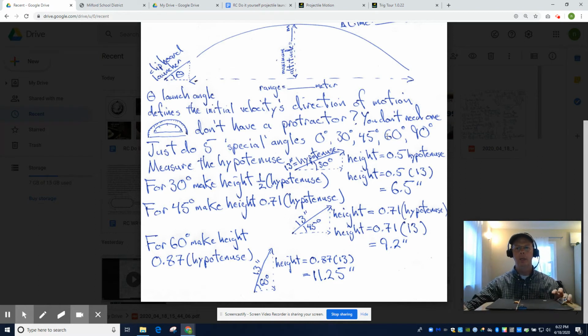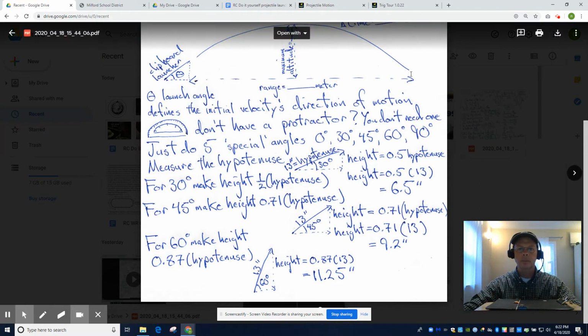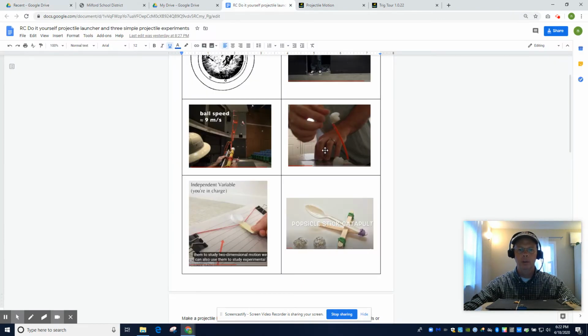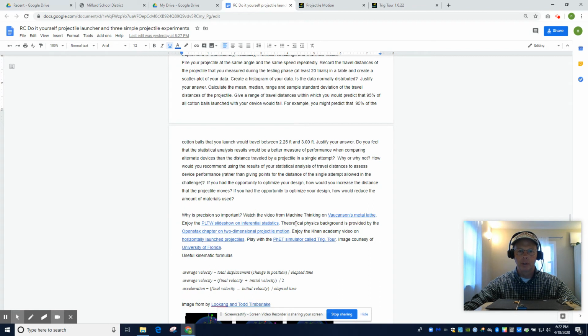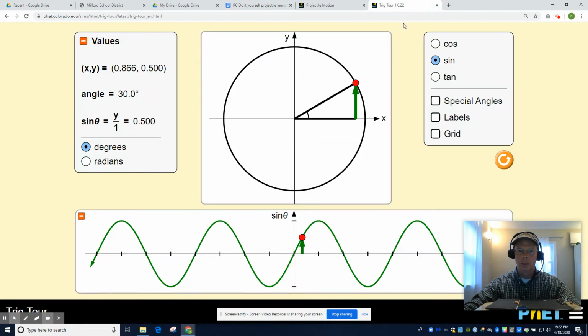Well, it's simple. The ratio of the sides of a right triangle describe the angle. So I should put this up here with the initial resources. All the way down here is a PhET simulation called Trig Tour, and it's pretty awesome. So you can put a right triangle within this circle, and the radius is 1. So check it out.